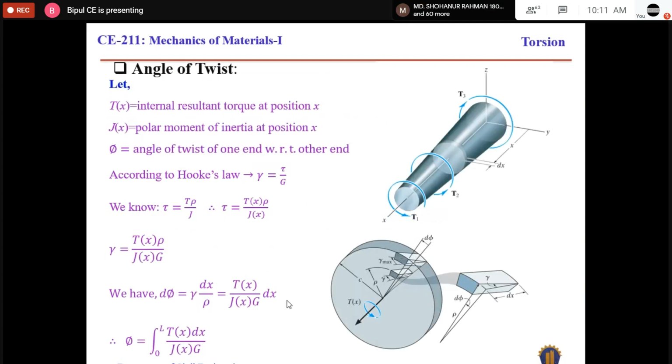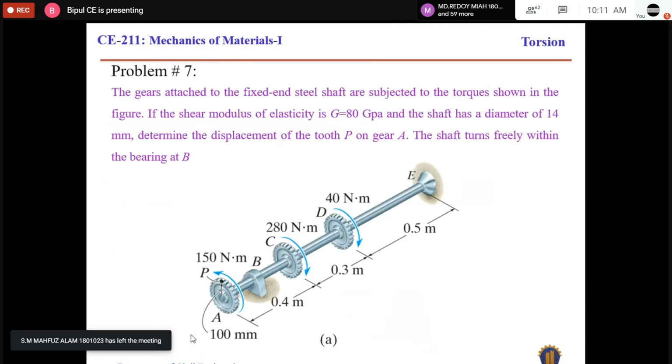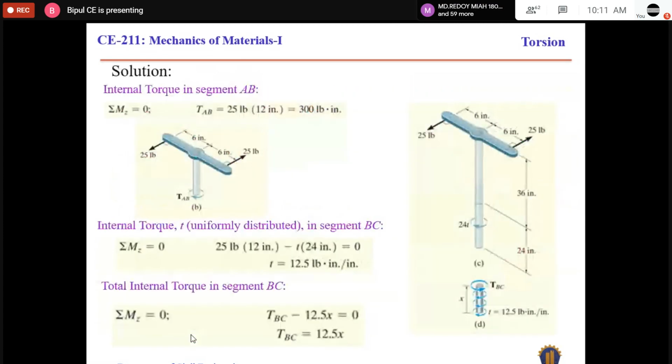We have to use this equation if the internal torque depends on the length of the shaft or post. From this diagram, we have seen that the internal torque depends on the length of the post.